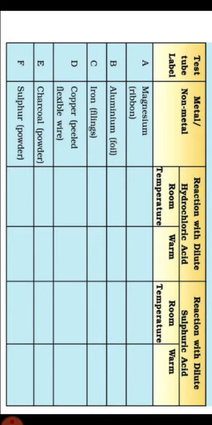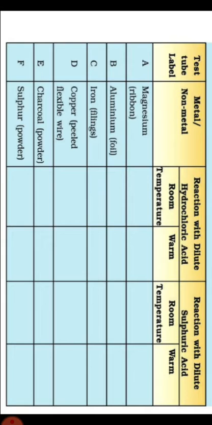Then in test tube B, it reacts with sulfuric acid at room temperature and gives out hydrogen gas, and when we warm it, a rapid reaction takes place. Then in test tube C, when we add 5 ml of dilute sulfuric acid, at room temperature it reacts to give out hydrogen gas, and when we warm it, a rapid reaction takes place.